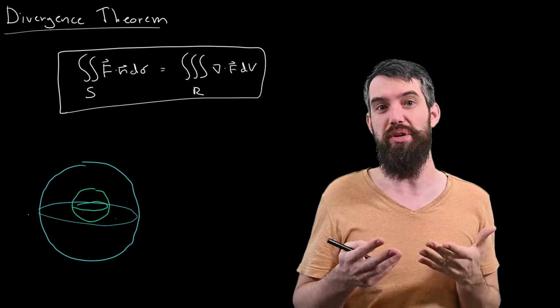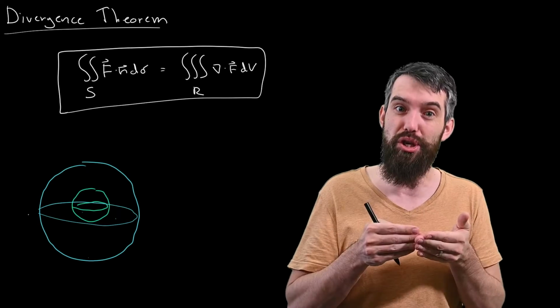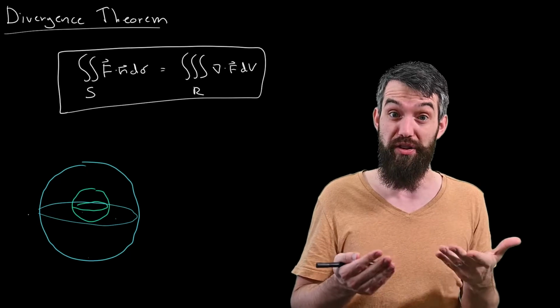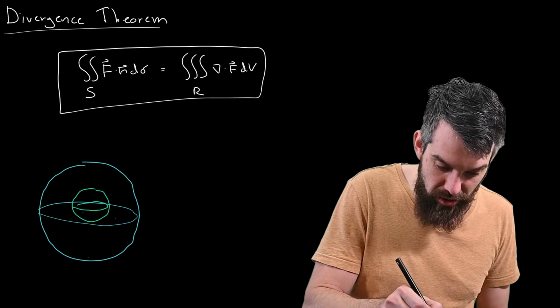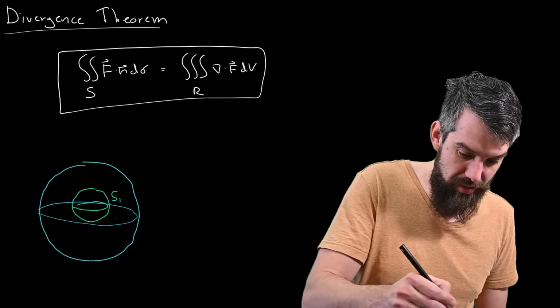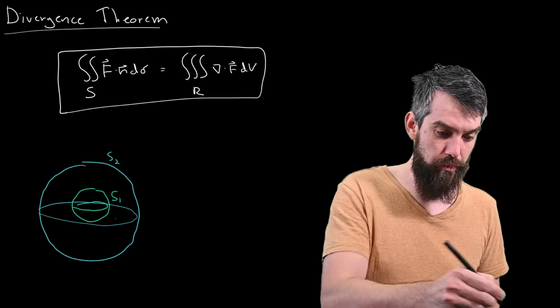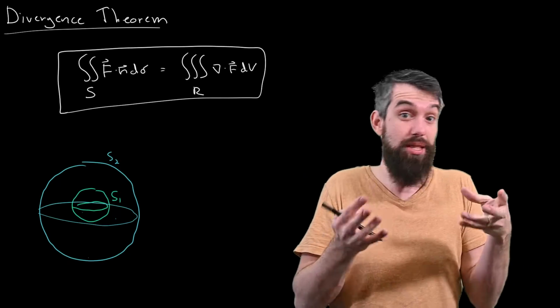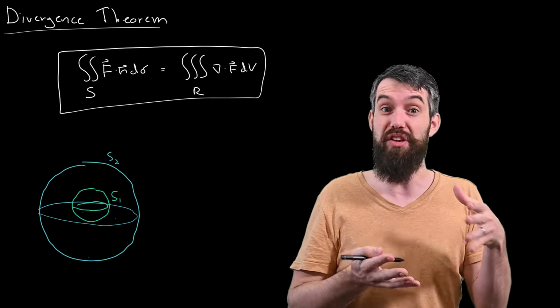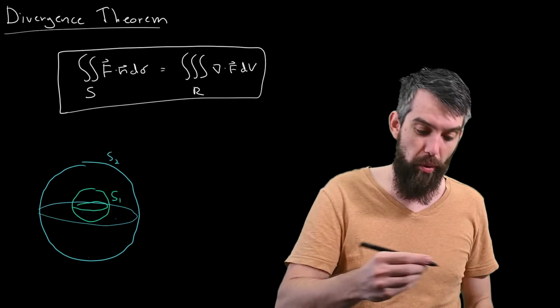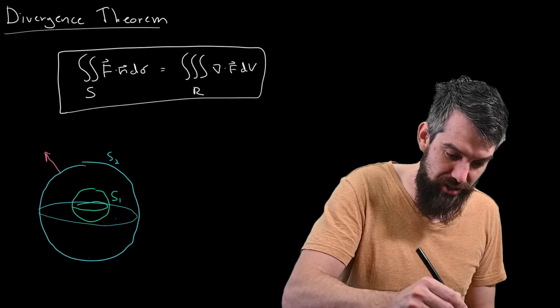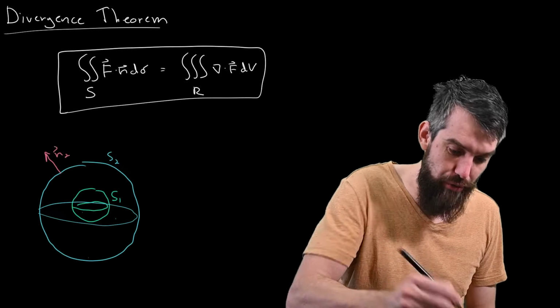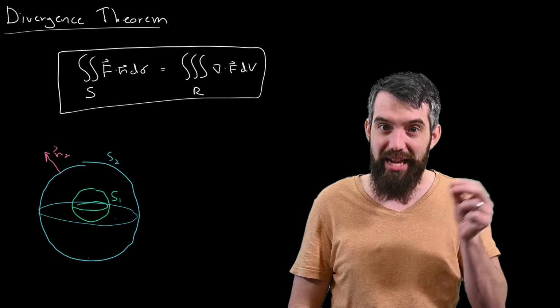So the region I'm talking about is that volume in between these two spheres. The outer surface of this region is the large sphere, and the inner surface is the small sphere. Perhaps I'll call the inner surface S1 and the outer surface S2. And then I want to consider, from the perspective of this region in between the two spheres, the outward normals. On the outer sphere, it is going to point out, and I'll call this N2, the outward normal on the second surface.